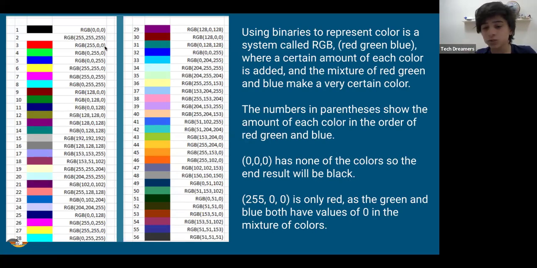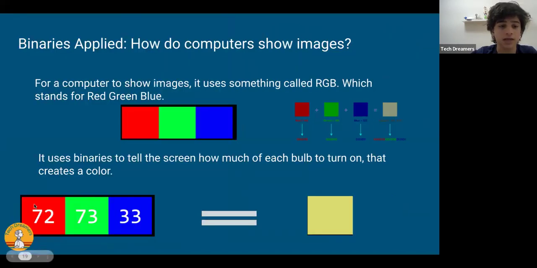So the max you can get with 1 byte, where it counts by 2 each time, is 255. So out of 255, the binaries represent how much of each color will be added to the final mix. So 72 out of 255 is how much red will be added. 73 out of 255 is how much green, and so on, which will get us the final color of this.